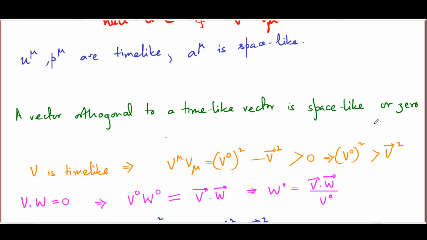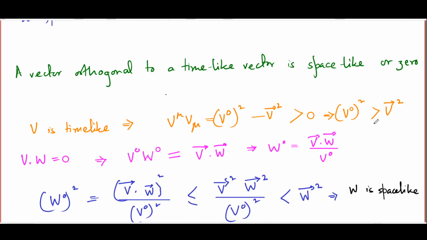That means, of course, V0 W0 equals V vector dot W vector. Now notice that if we have a time-like 4 vector, then V0 cannot be 0. V0 square has to be bigger than V vector square, which of course is a positive number. So I can safely divide by V0 and say W0 equals V dot W by V0.